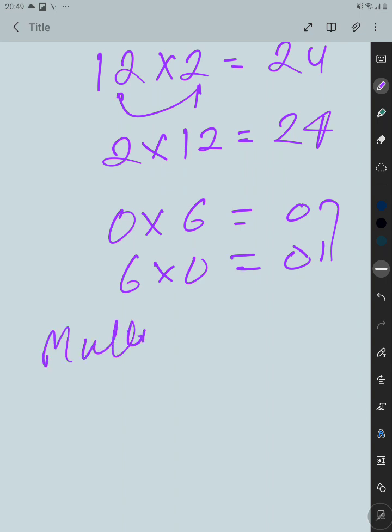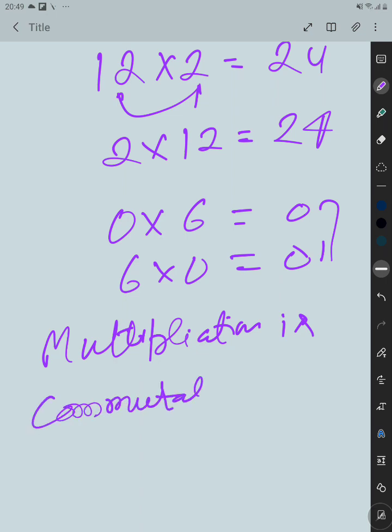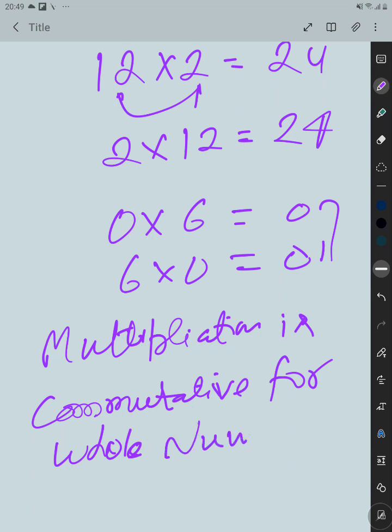Multiplication is commutative for whole numbers. It may not be true for other kinds of numbers, but it is true for whole numbers. So we need to write here for which it is commutative.